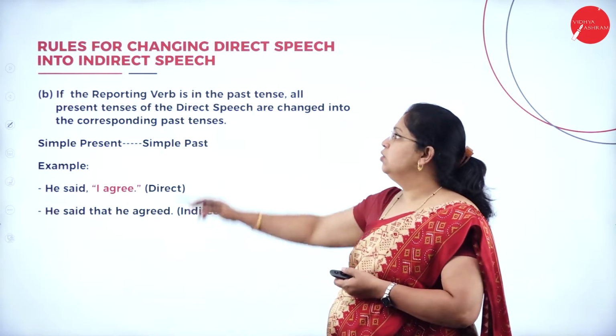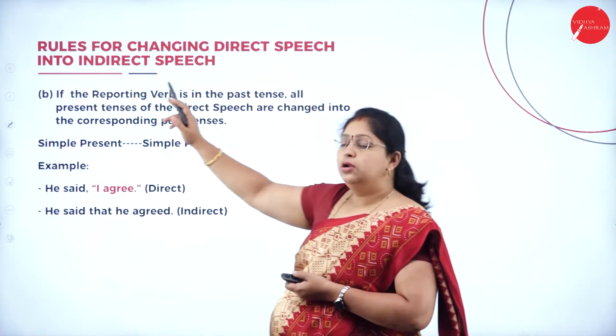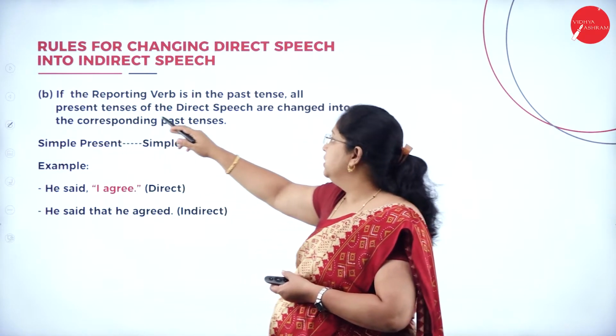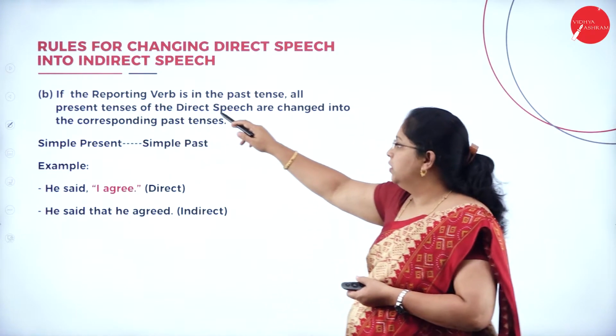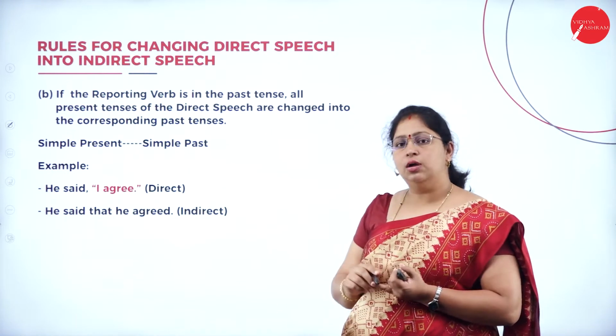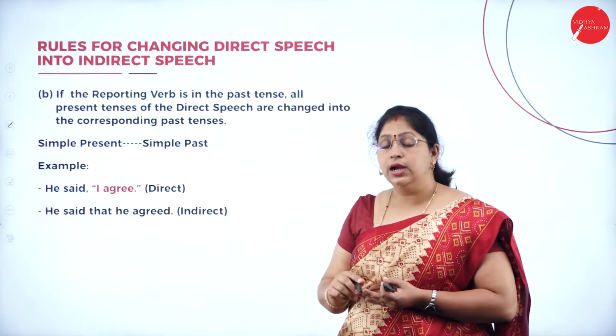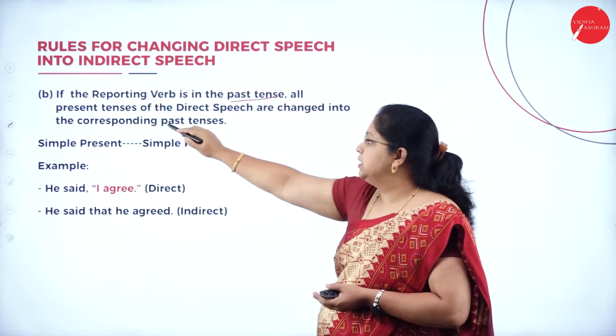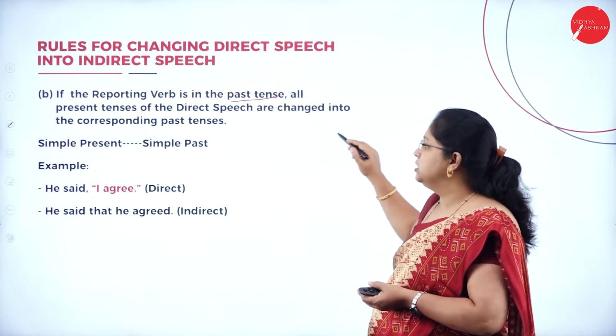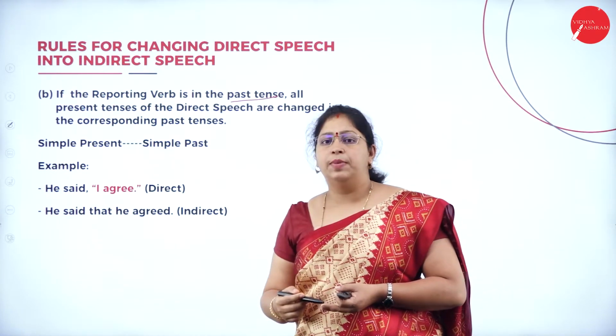Next, let us see the rules for changing direct speech to indirect speech when it is the past tense. If the reporting verb is in the past tense, all present tenses of the direct speech are changed into the corresponding past tenses.